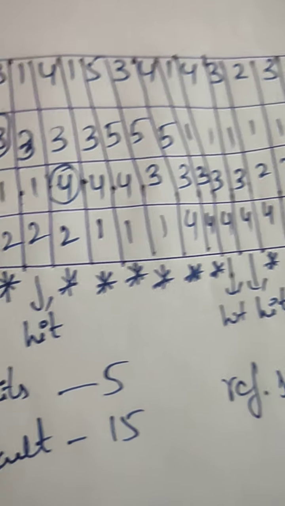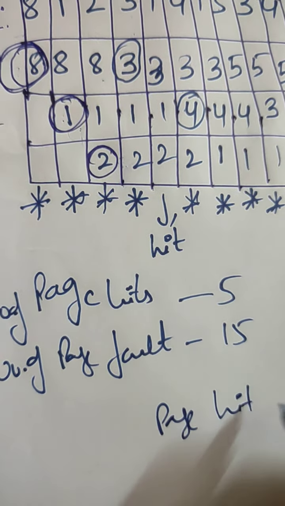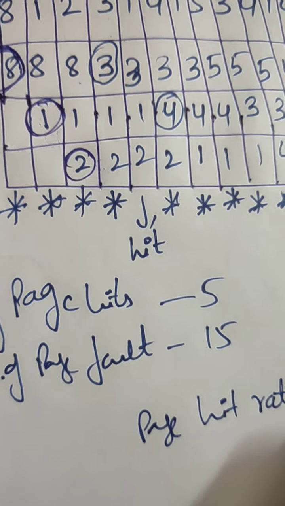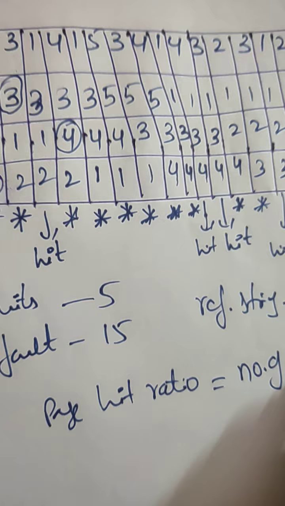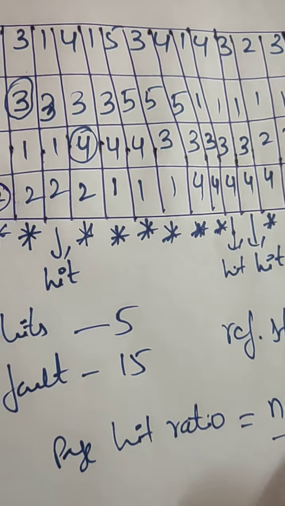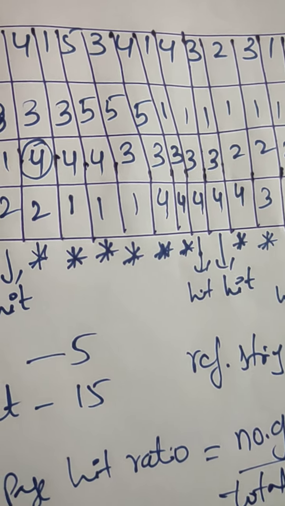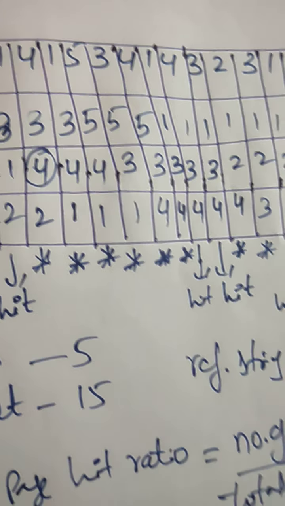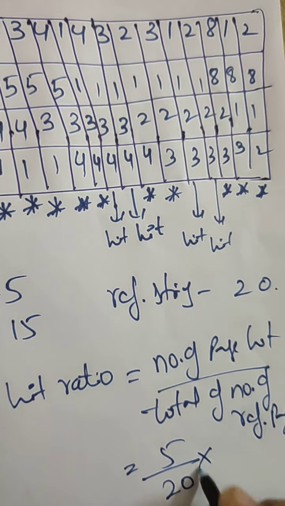The page hit ratio is nothing but the ratio between the number of page hits and the total number of reference pages. How many page hits are there? 5. So 5 by 20 into 100.